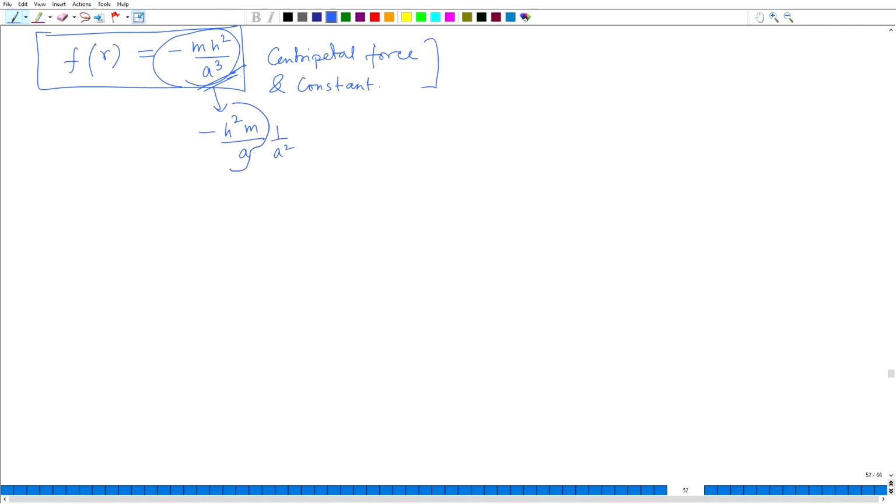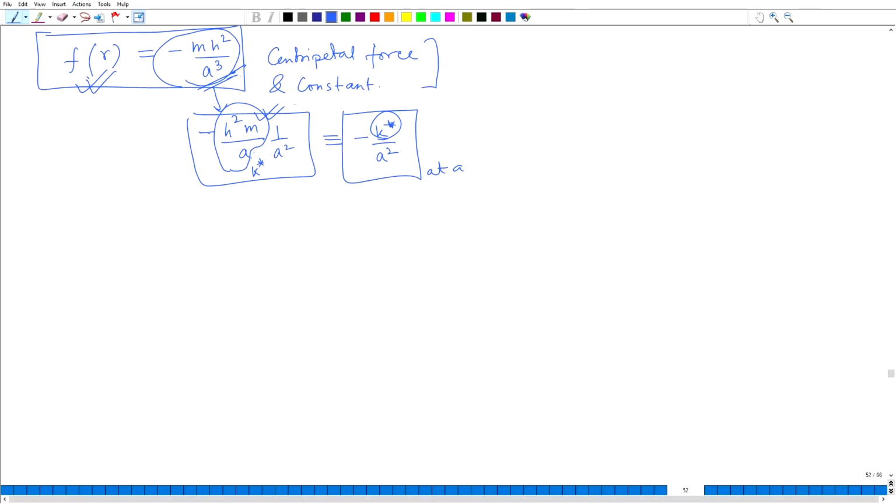So, if you say this is my new constant, because a is a constant, this force law can also be considered as minus k star by a². So, it can also be seen as an inverse square law at a, but with the proportionality constant being different. So, what is the paradox here?